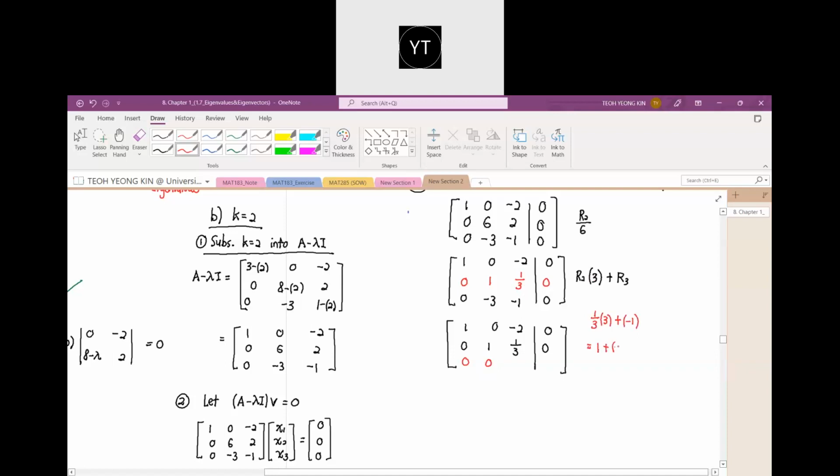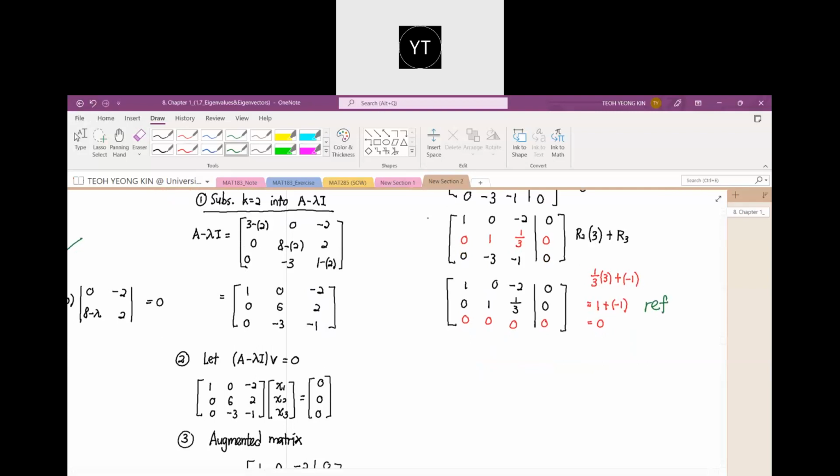Plus negative 1 is equal to 0. Coincidentally this is 0. It is not 0 every time, coincidentally this is 0. So 0 times 3 is 0. Plus 0 is 0. So here is our row echelon form. We stop here. This is the row echelon form.